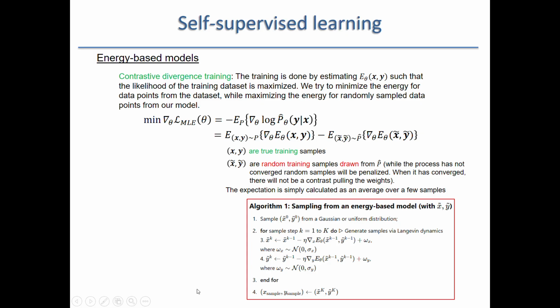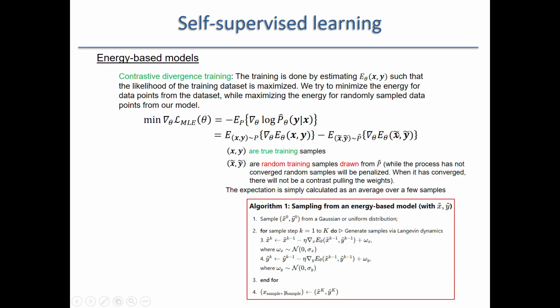If we iterated a lot, then we would converge to samples that look very much like the true x and y training samples. So we iterate for only a few iterations so that they become somewhat similar to the true x and y, but still sufficiently different so that the neural network can differentiate between the two.